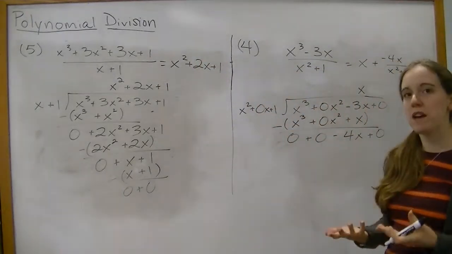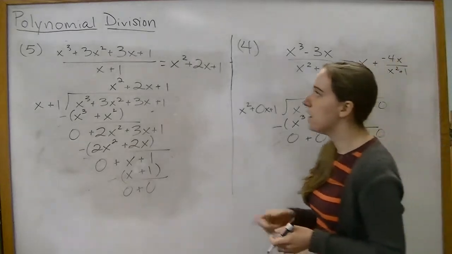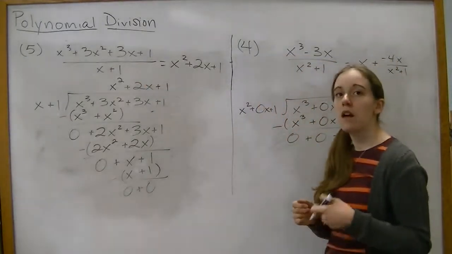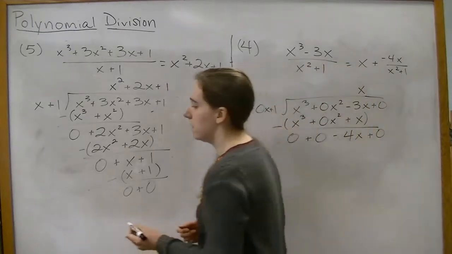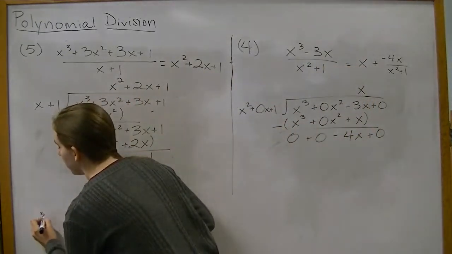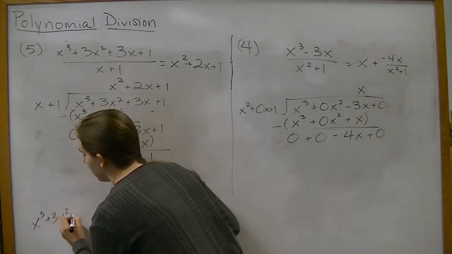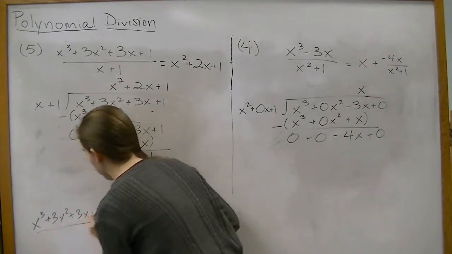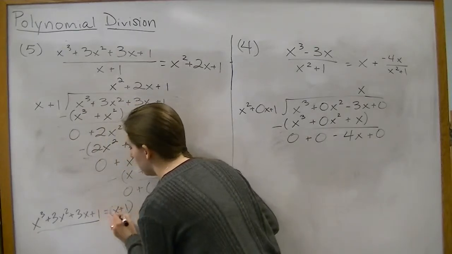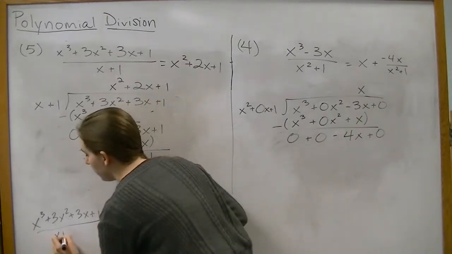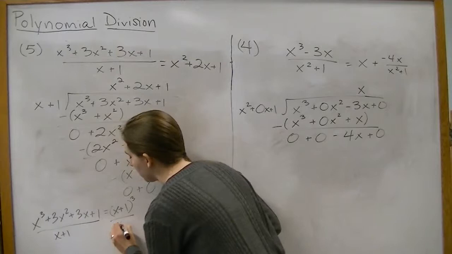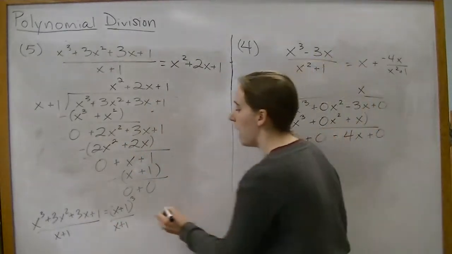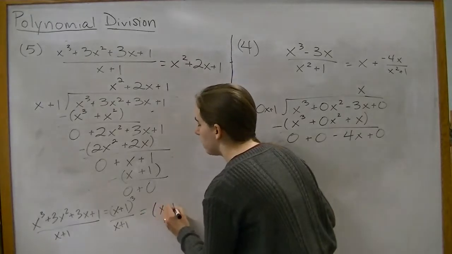Now, if you happen to be comfortable with factored forms, you may recognize that x cubed plus 3x squared plus 3x plus 1 is actually the same thing as writing x plus 1 cubed. So when we divide x plus 1 cubed by x plus 1, we're just canceling away one factor of x plus 1.